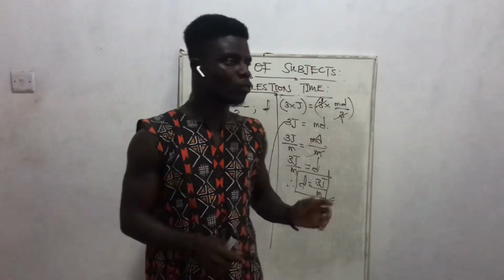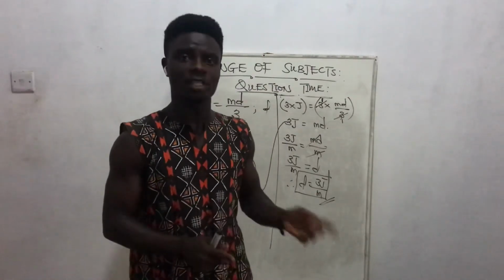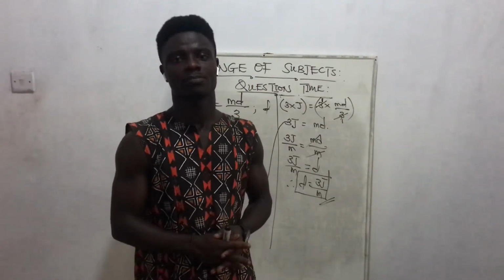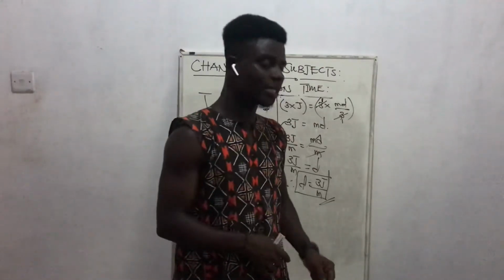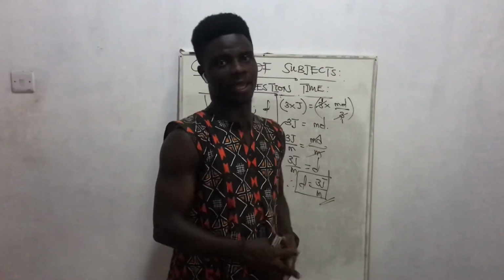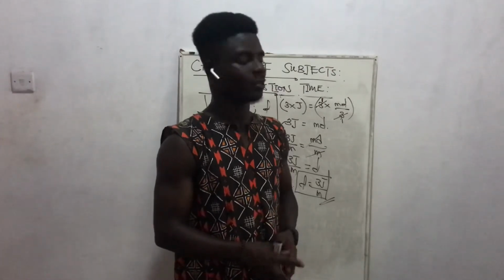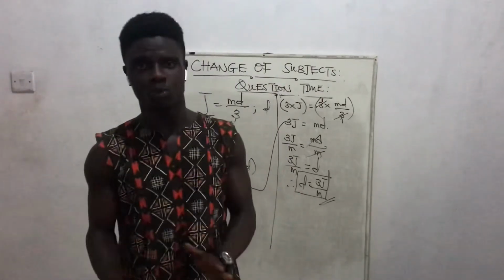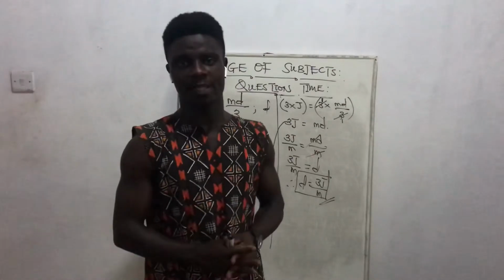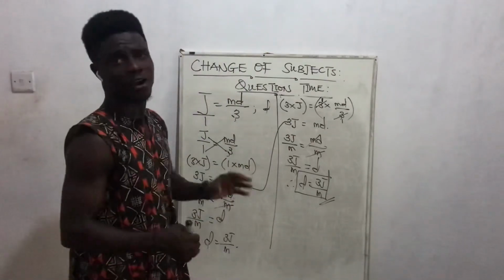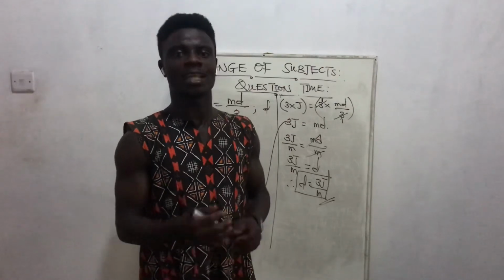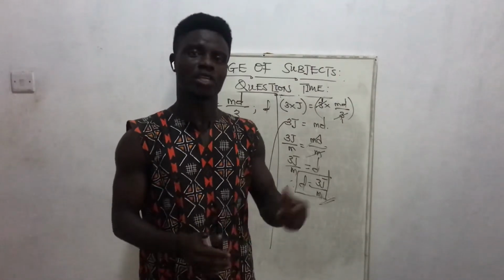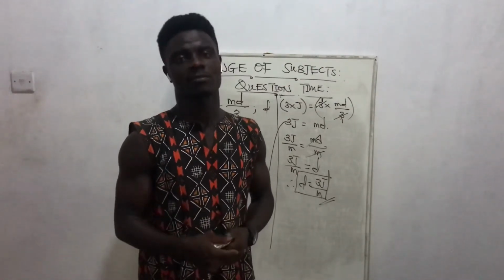So you've removed the book, then you place the pen there. So in place of that book, put the pen. So that means if you have a variable J and you place X there, then that means you've substituted J by X.